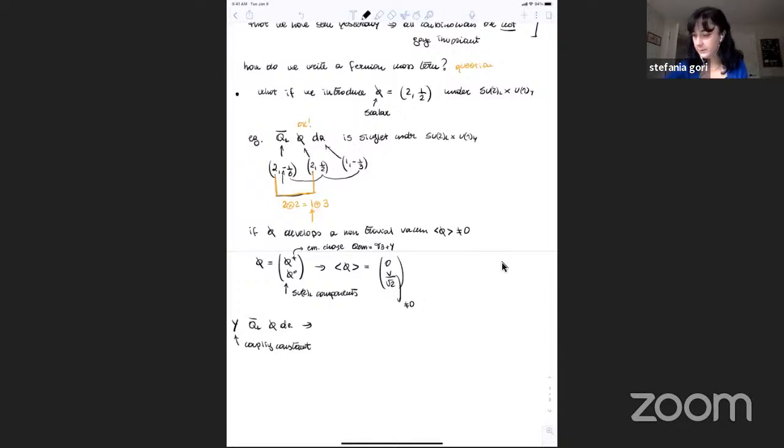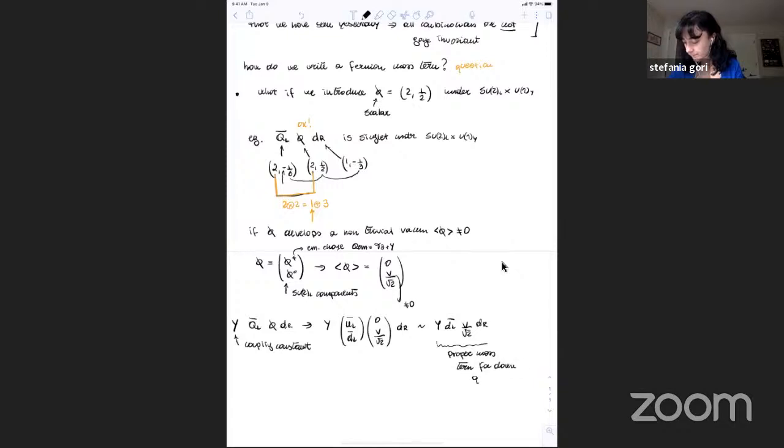And so this is giving us d left, then we have 0, v over square root of 2, d right. And this we see is leading to the following term in the Lagrangian, namely v over square root of 2, d left d right. And you can see here that this is a proper mass term for down quarks.